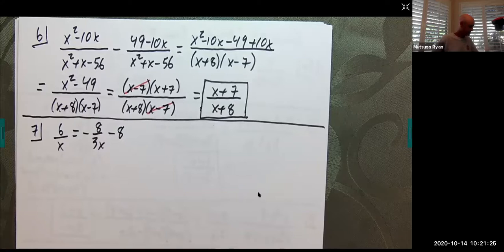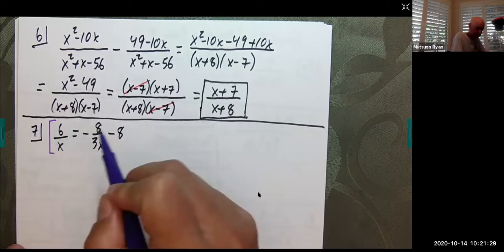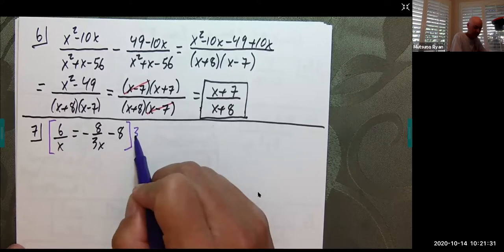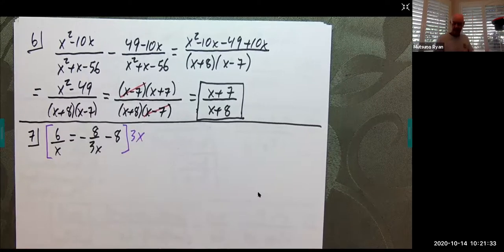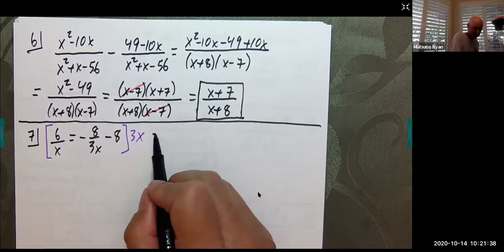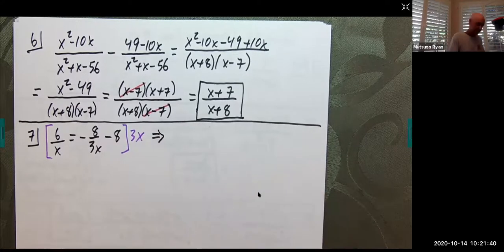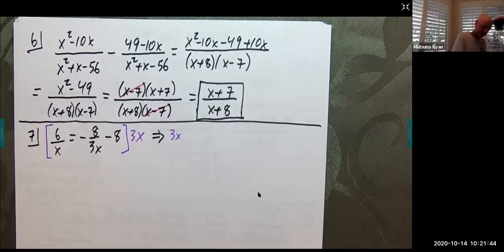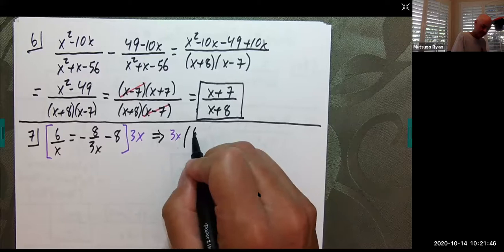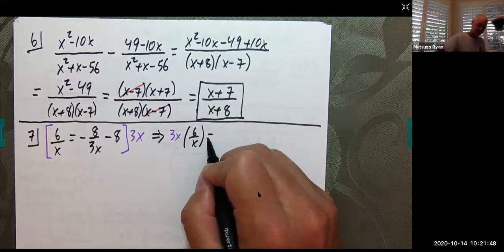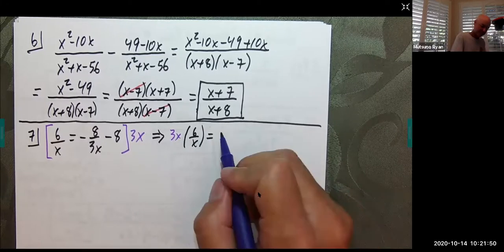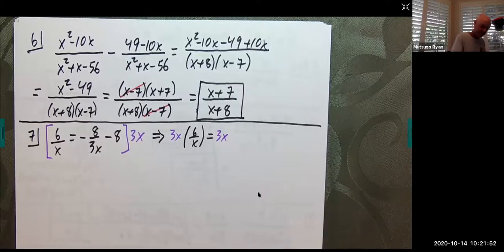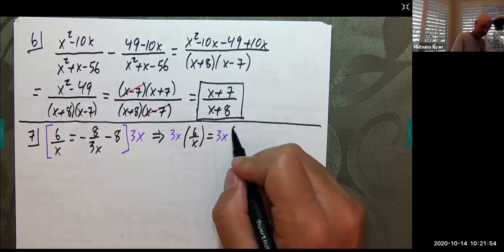So I'm going to actually multiply all the way through by 3x. And to save space, I'm going to actually go this way. You'll notice I'm distributing this to everybody.